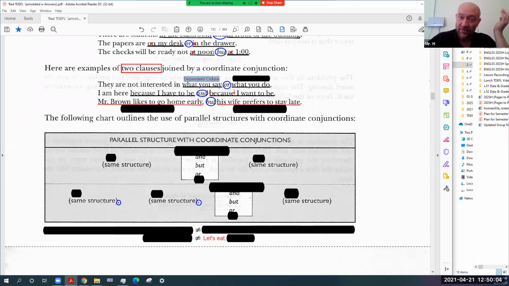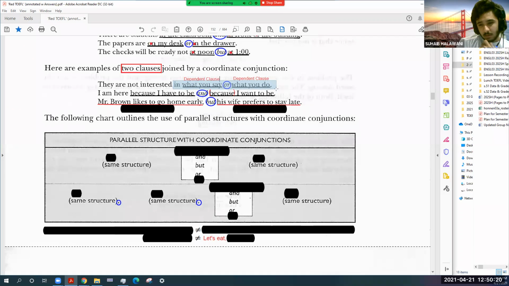Does anybody know what kind? No? It follows a preposition. What follows a preposition, you guys? Object. Aha. And an object is which part of speech? Noun. That's right. So we have two noun clauses. Do you understand? Two noun clauses.